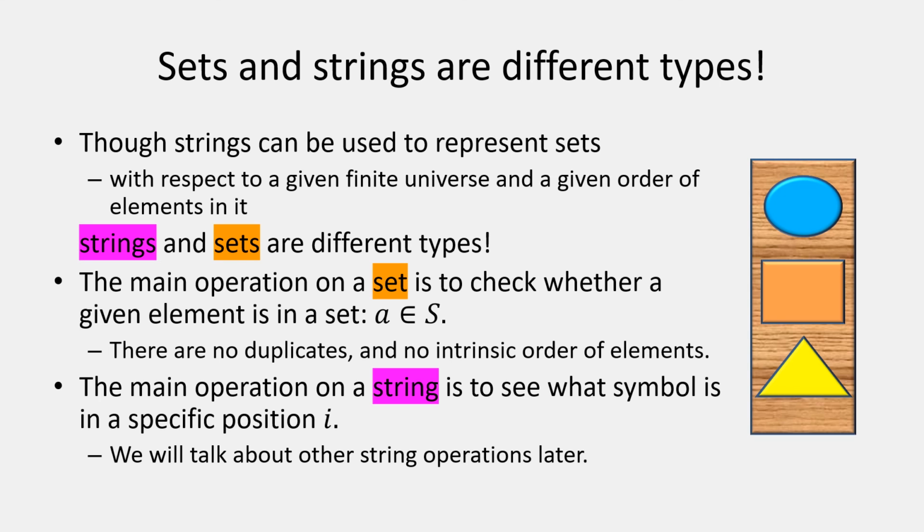For a string, you would check what symbol is in a specific position, which is quite a bit different because different positions may have the same symbol, or they may have different symbols. But in sets, an element is either there or not, and there are no other choices. Well, okay, a symbol at a given position can be 0 or 1 if it's a binary string and there are no other choices. But still, you could see that this is a very different kind of operation. And also we have other operations with strings that we don't have with sets, and we will talk about them in a few lectures.